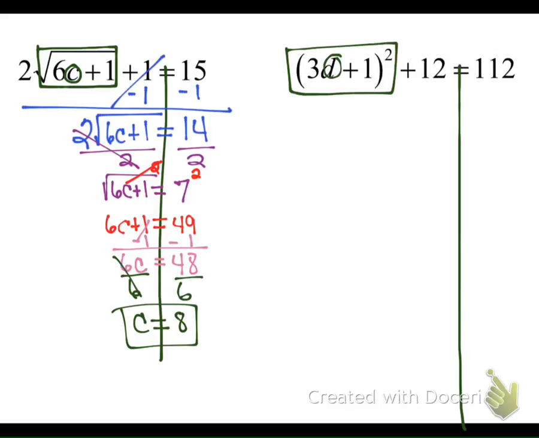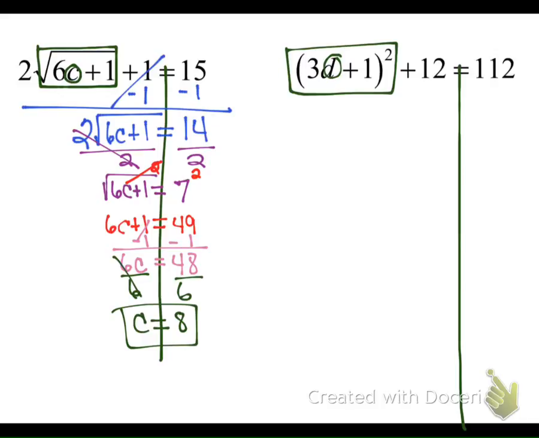Now this is going to be important because I have a lot of kiddos that want to distribute. Let's say that I had a 2 on the outside of this parentheses. Could I distribute that? No. Why not? Well, what keeps me from distributing this particular? The square.